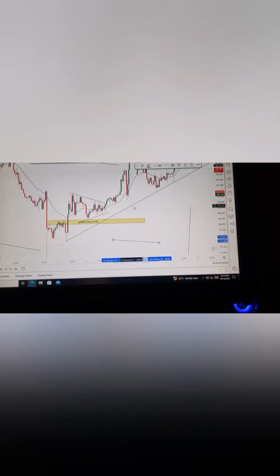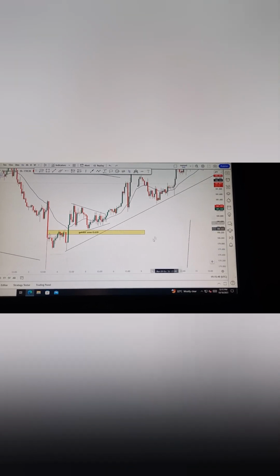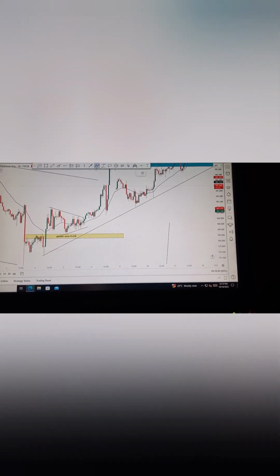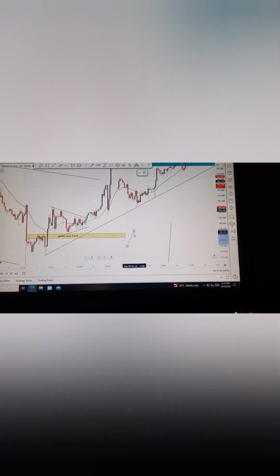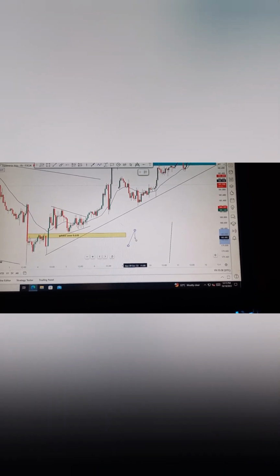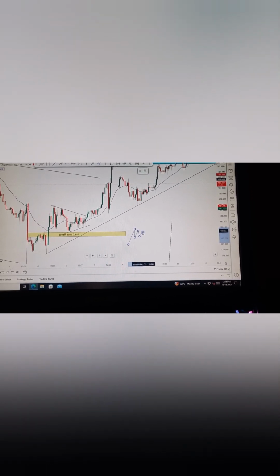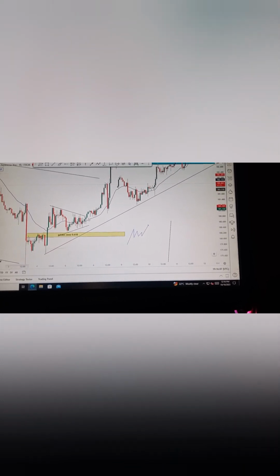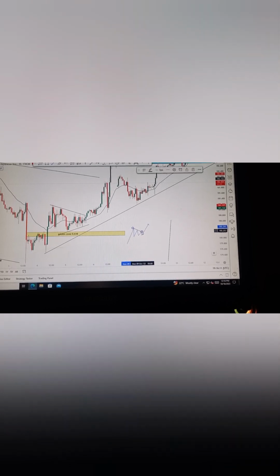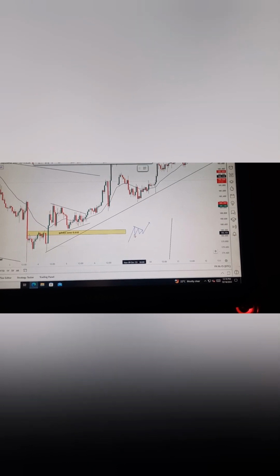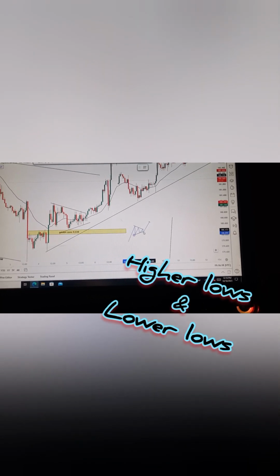It's like a triangle pattern, looking like this. You get higher lows and lower highs.